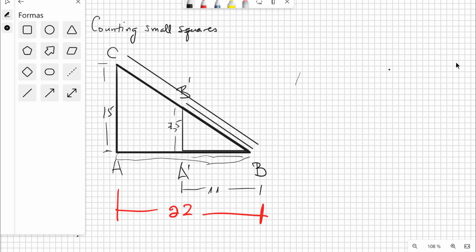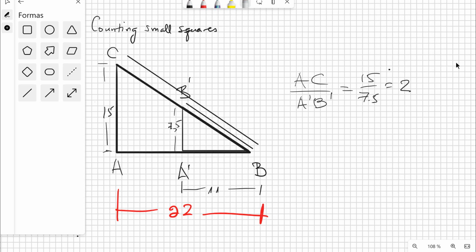See that? AC divided by A prime C prime, I mean this and this, is equal to 15 divided by 7.5, which is 2. So those are corresponding sides for those similar triangles.